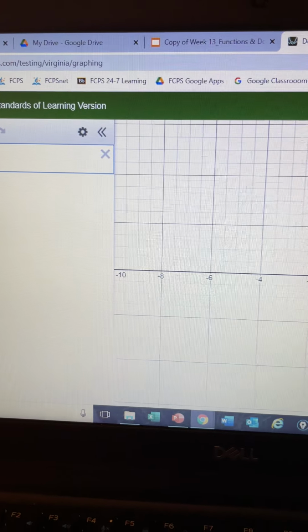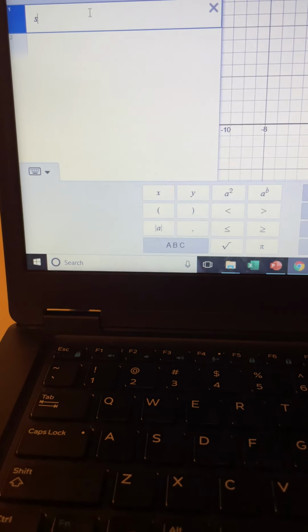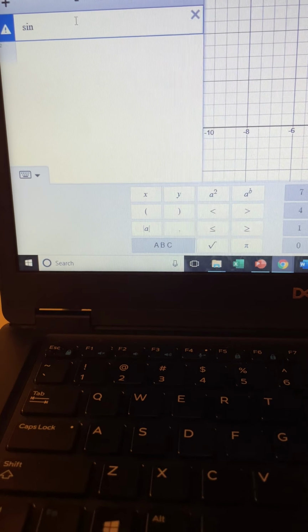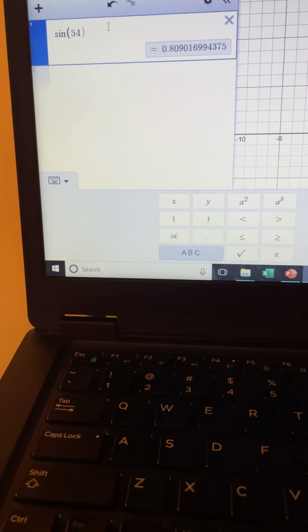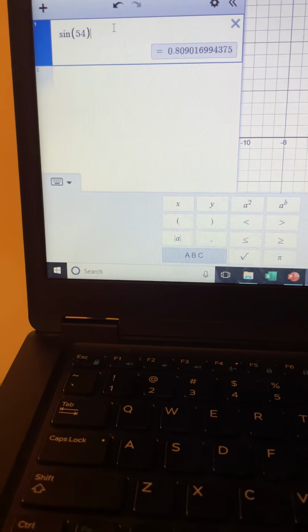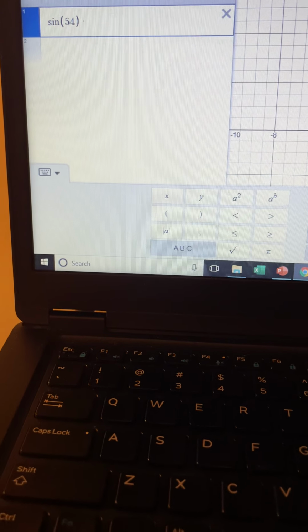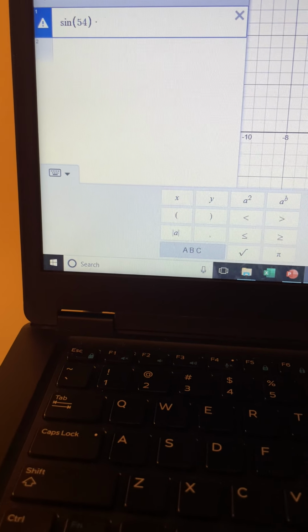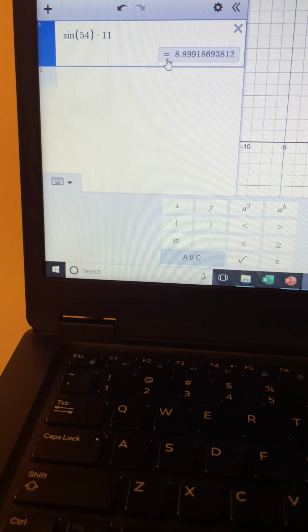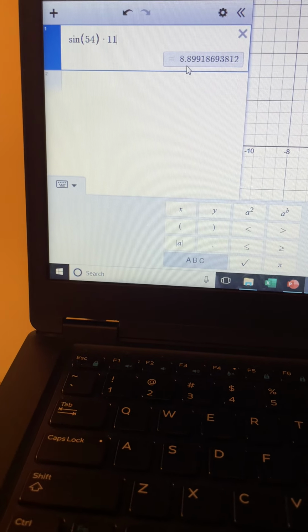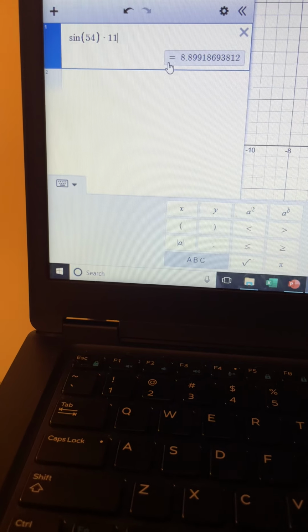Put sine 54 degrees, times 11, which is 8.89 and so on. You can round to 8.9 or you can round to 9.